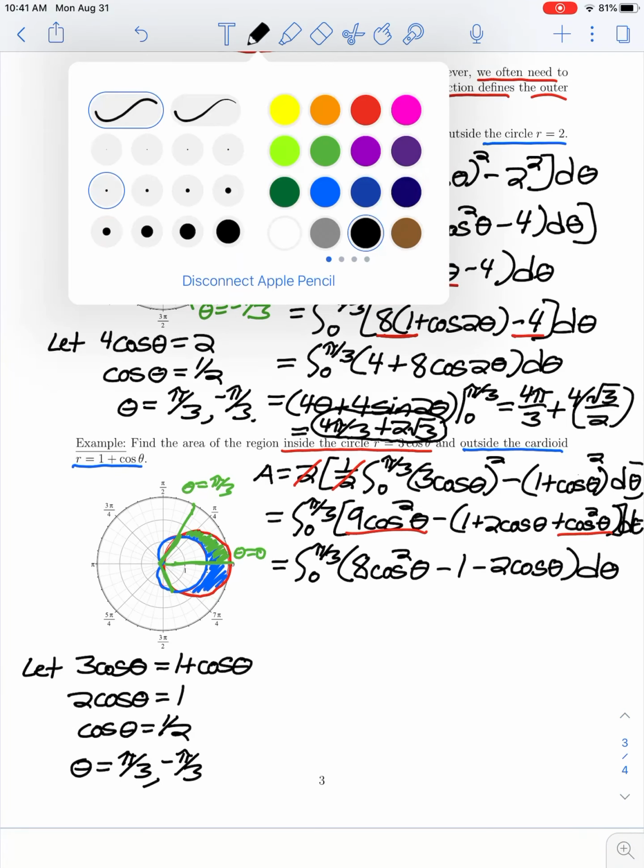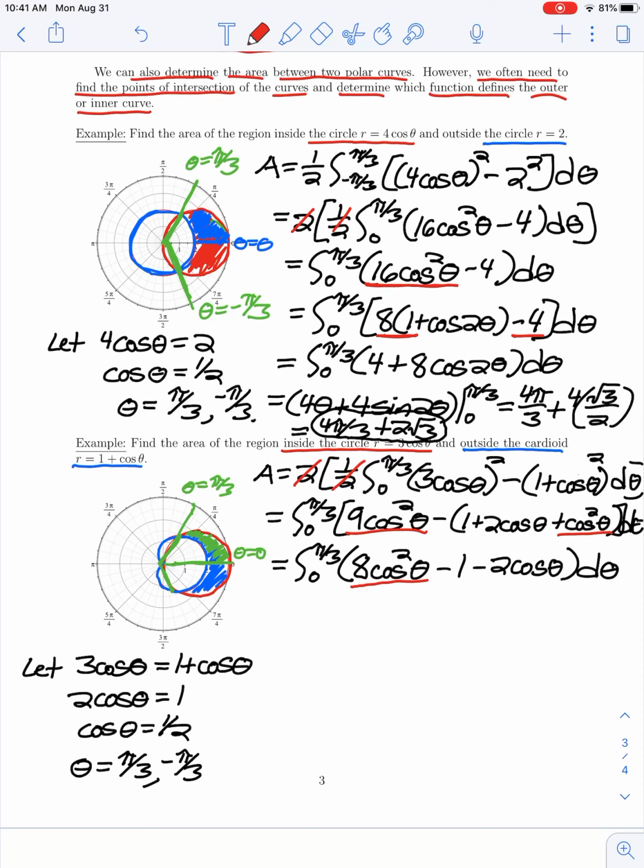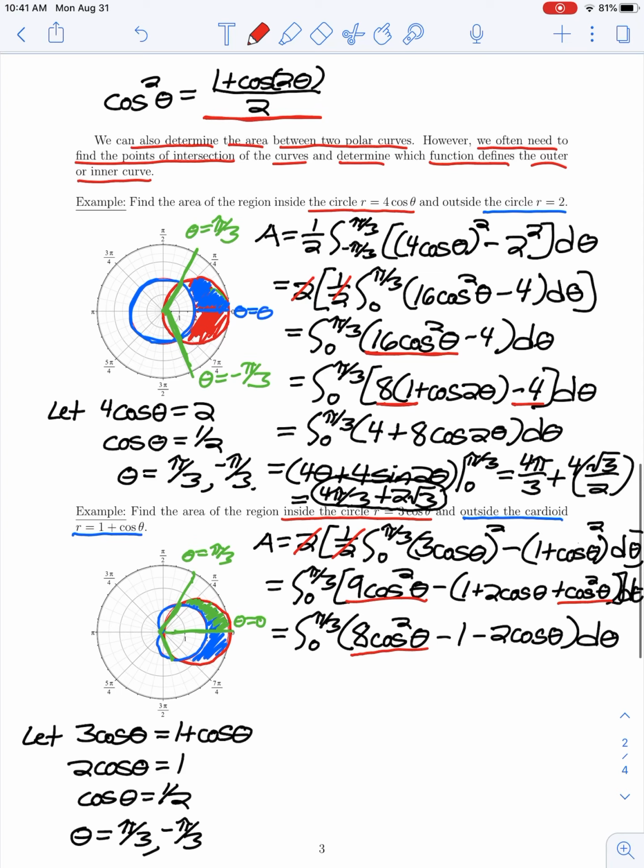So now, again, to integrate this cosine squared theta term, we're going to make use of the same trig identity we had written above, namely that cosine squared of theta is the same as half of 1 plus cosine of 2 theta. Now, since we're multiplying by an 8 out in front of that cosine squared theta, this reduces to a 4 times 1 plus cosine 2 theta.